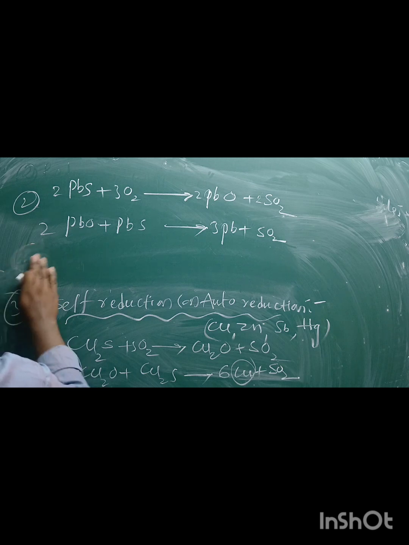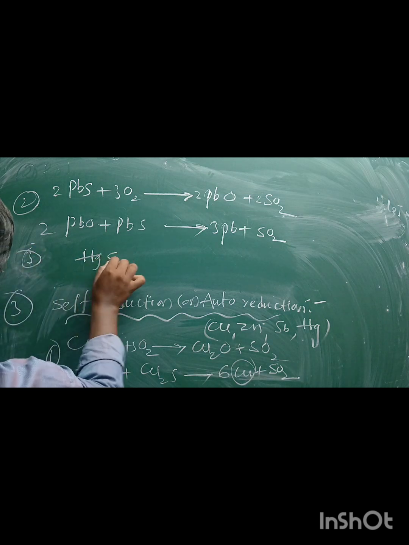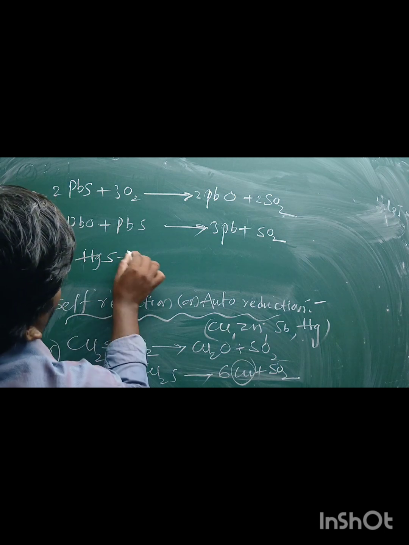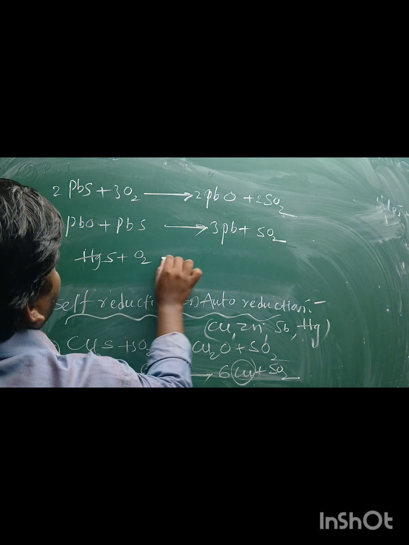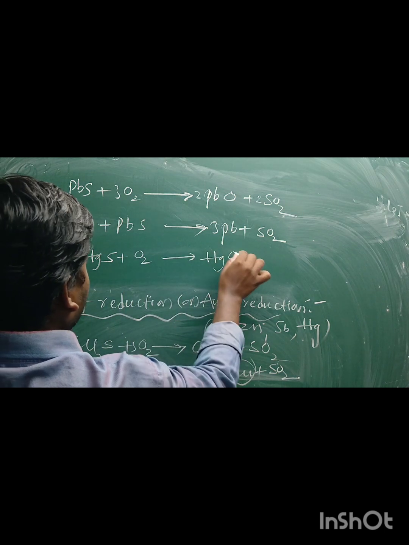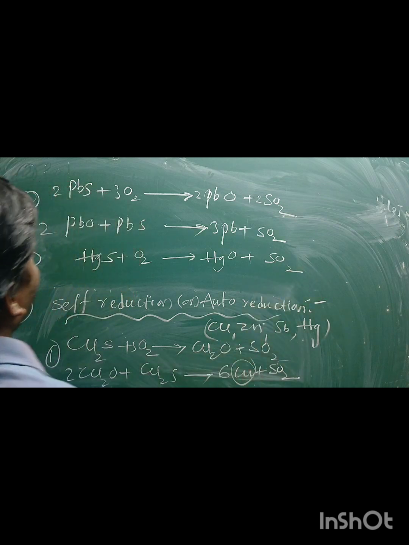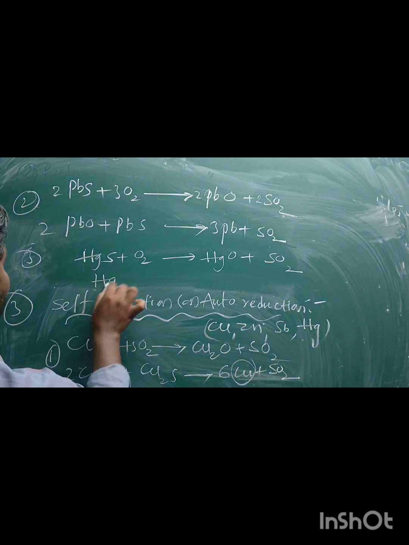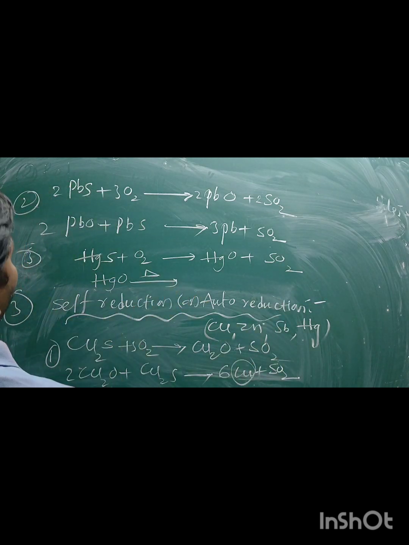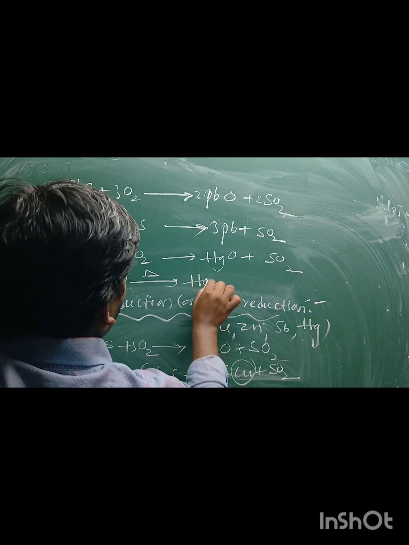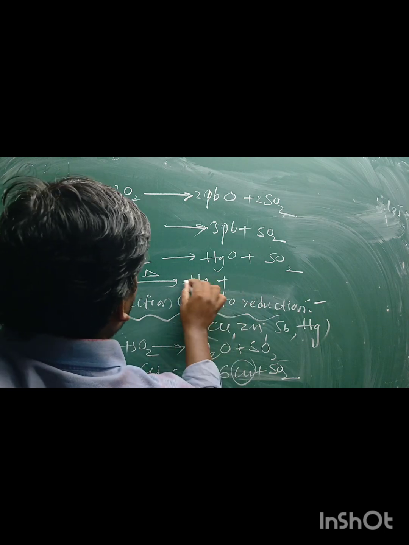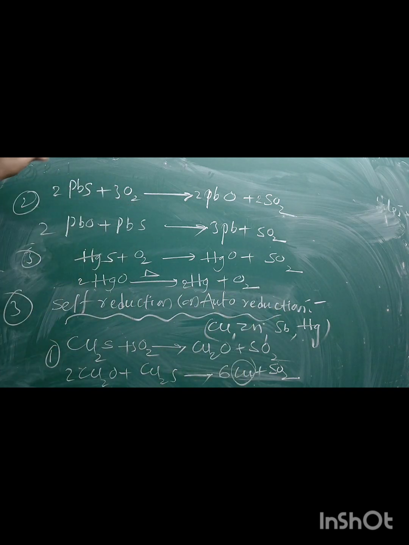Another one is self-reduction. Mercuric sulfide, cinnabar, converted into mercuric oxide. This mercuric oxide, on heating, forms mercury and oxygen gas.